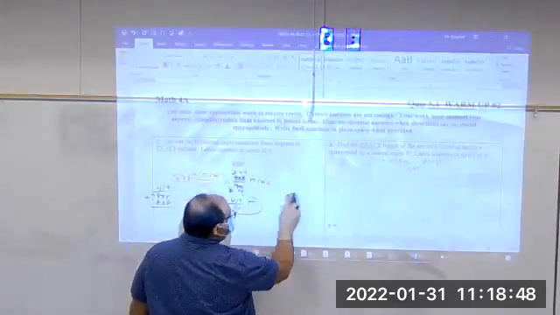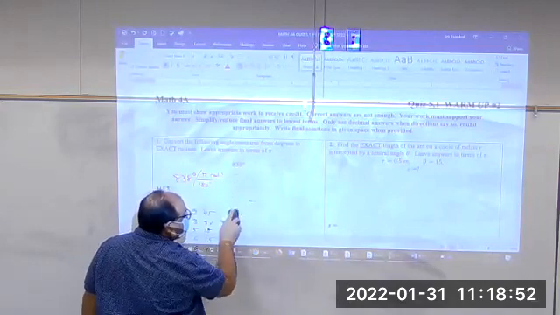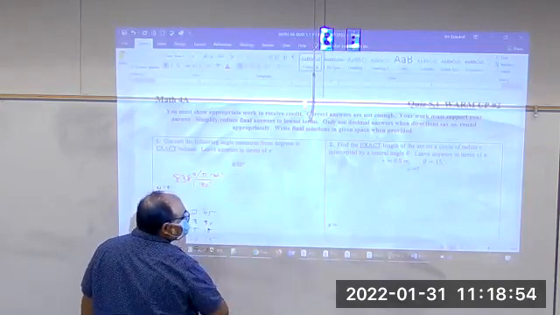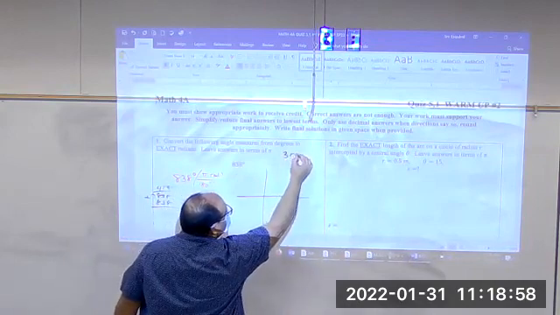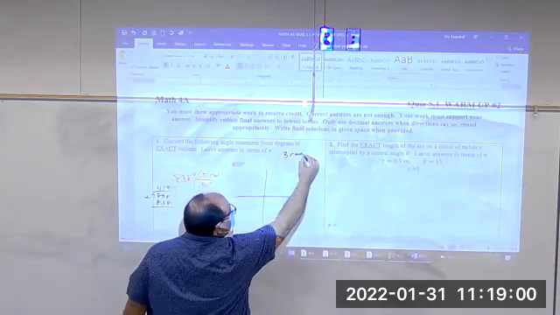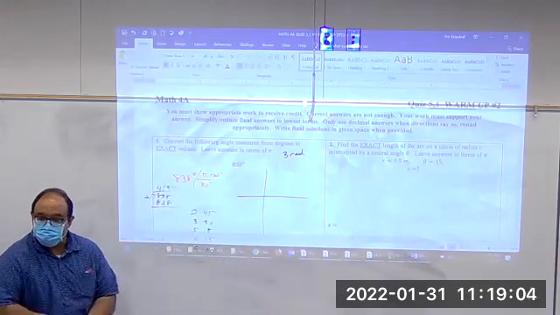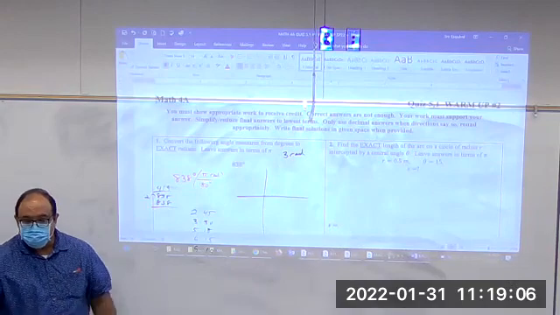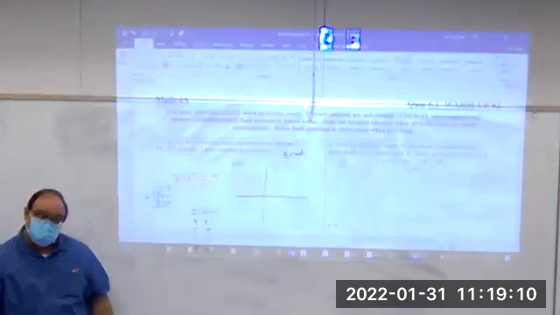If you had 3 radians, would that terminate in quadrant 1, 2, 3, or 4? If it was exactly 3 radians. An angle of 3 radians. Would it terminate in quadrant 1, 2, 3, or 4? Which one? Quadrant 2.